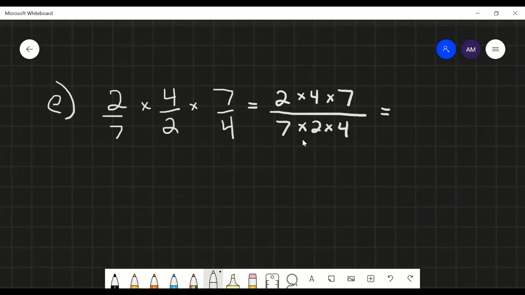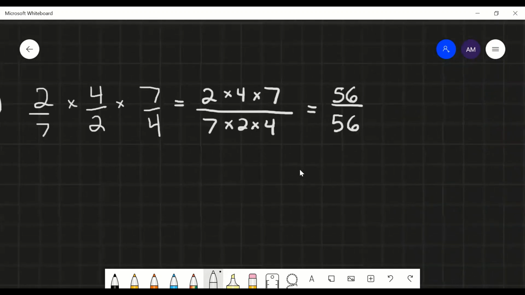Let's take out the calculator and try that. So 2 times 4 equals 8, times 7 is 56. And 7 times 2 times 4 equals 56. Well, that's strange. We got the same number on both top and bottom.